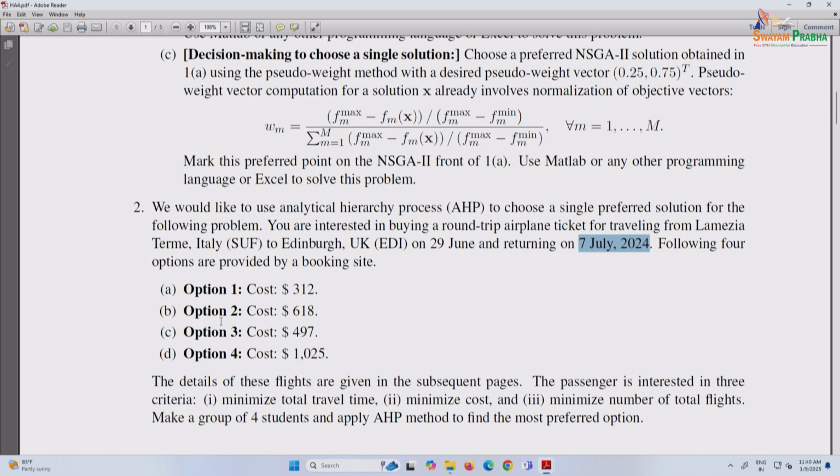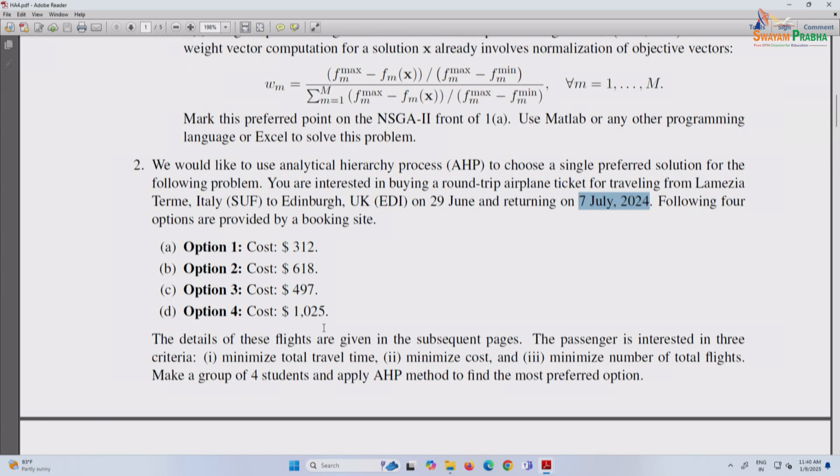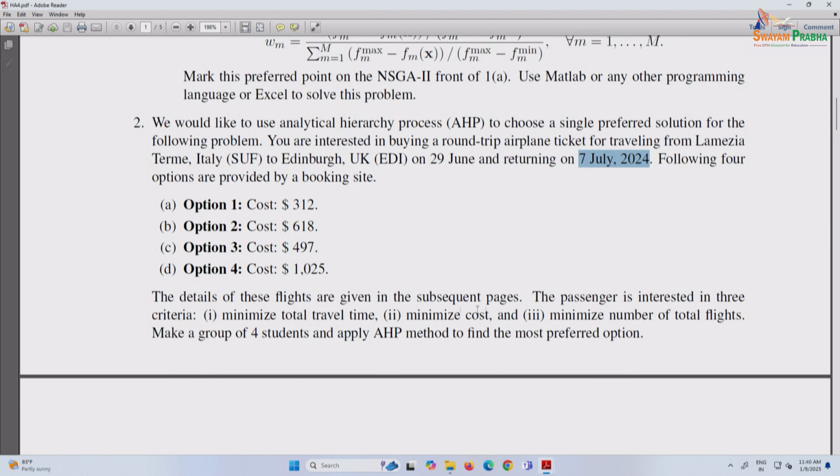So there are 4 options I found from these booking websites. Each of them has different cost. You see, going from $312 to $1,025. Obviously $1,025 should give you some benefit, like minimum time or some other thing, right? All of these are here. I'll show you, but there are 3 criteria we are interested in looking at.